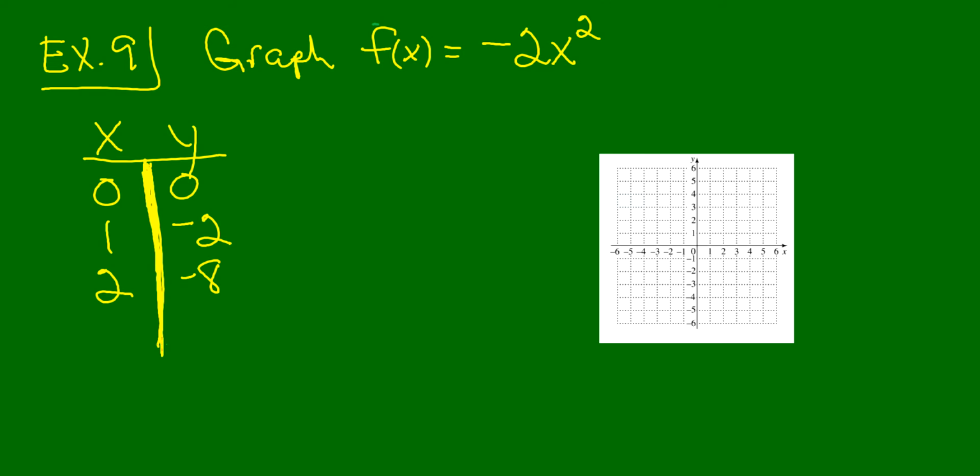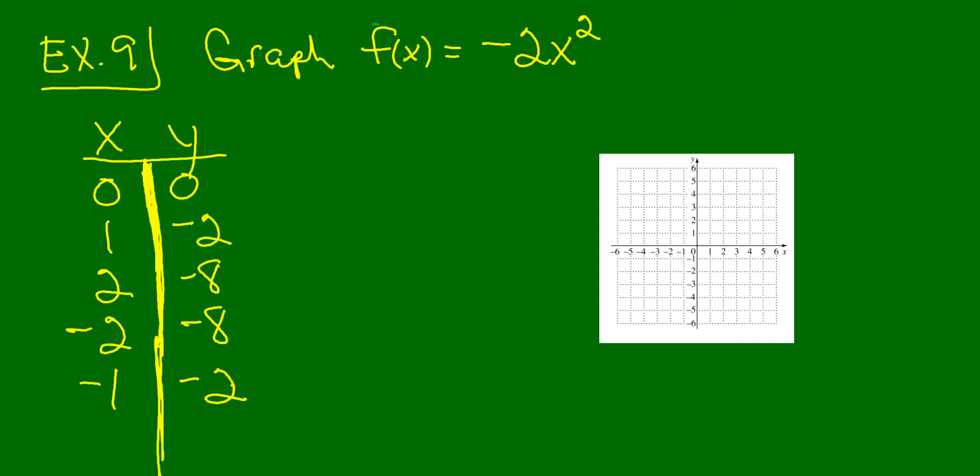And I think that's good enough. Let's try now negative 2. When x is -2, I'm going to get the same y result of -8. And how about -1? When x is -1, I'm going to get 1 times -2, which is again -2.